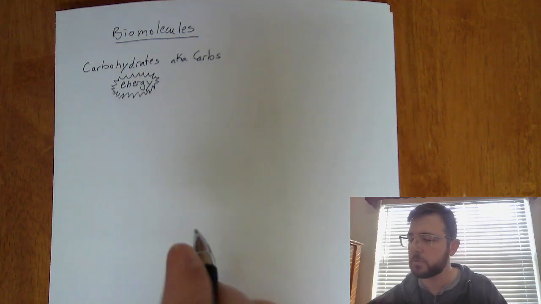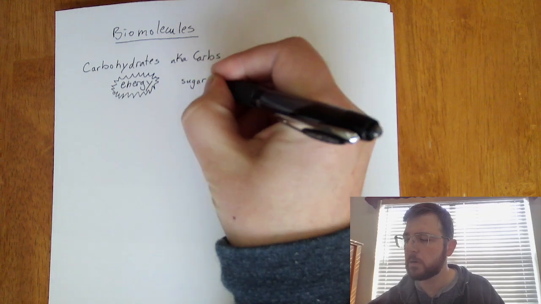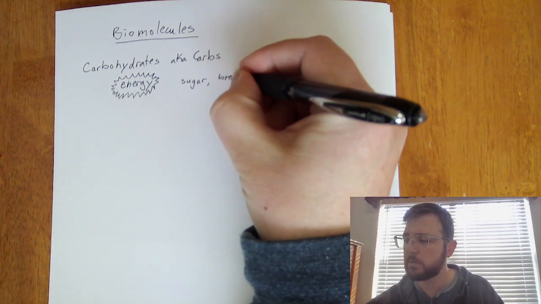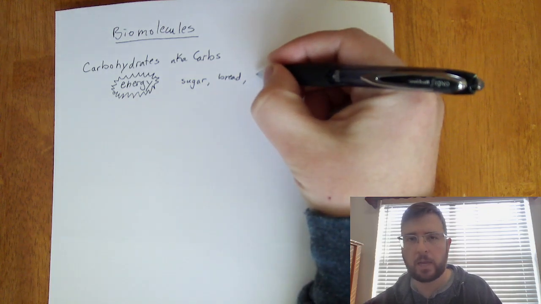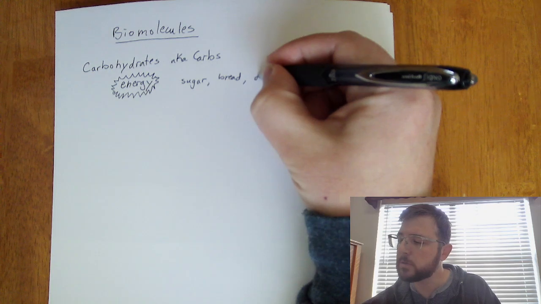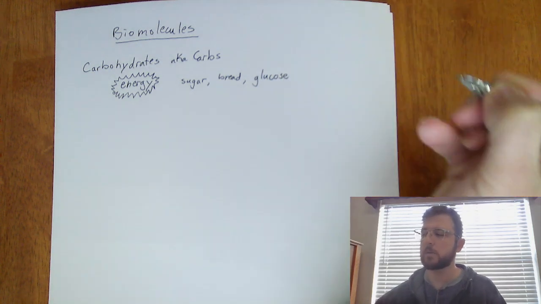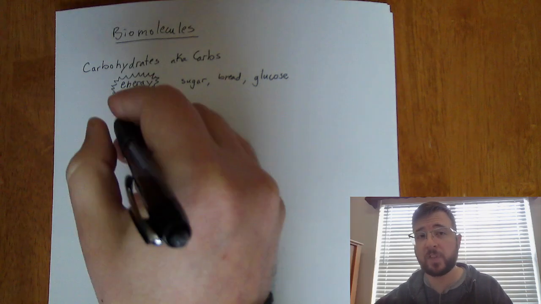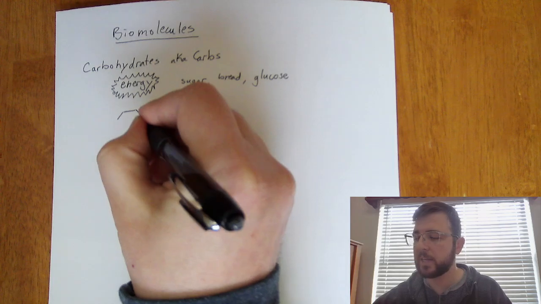Some examples are sugar, bread, pasta, rice, and a molecule I want you to remember called glucose. Okay? If you were to look at these carbohydrates chemically, they look like hexagons.